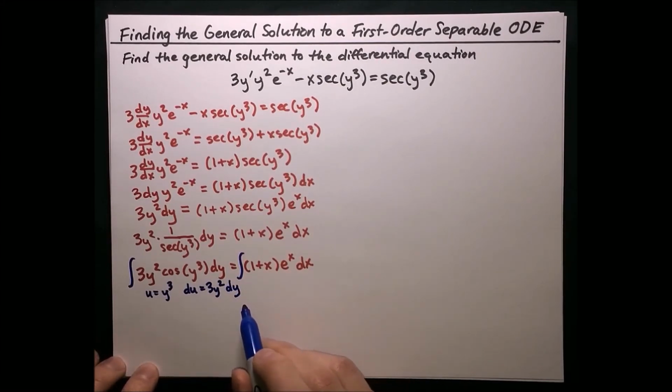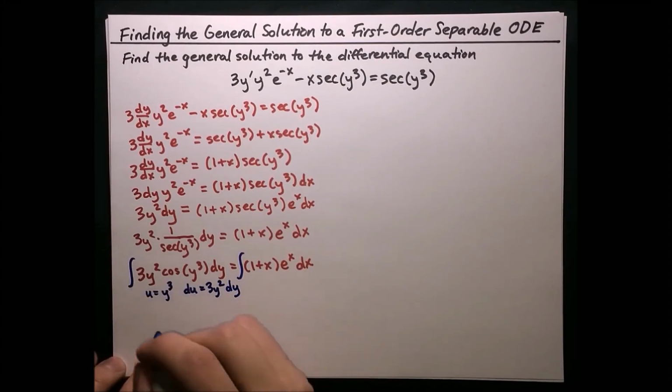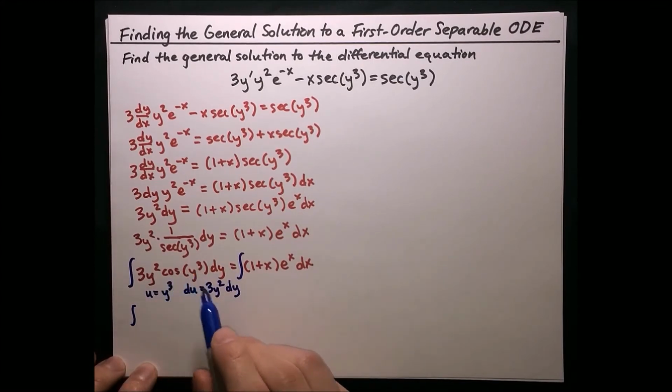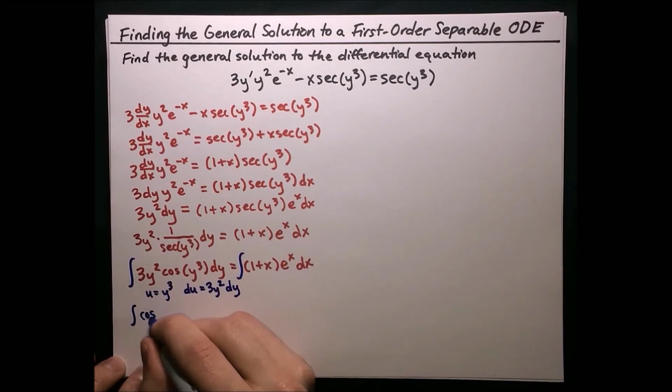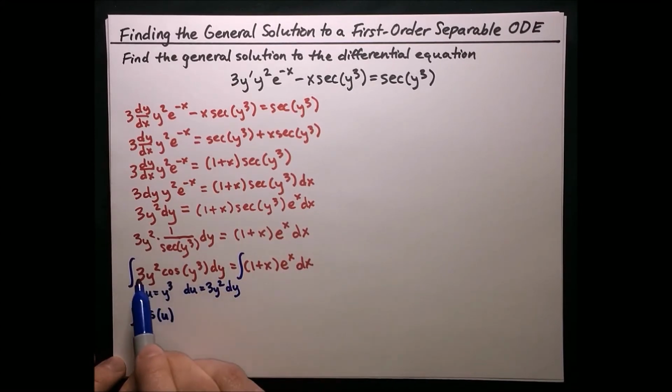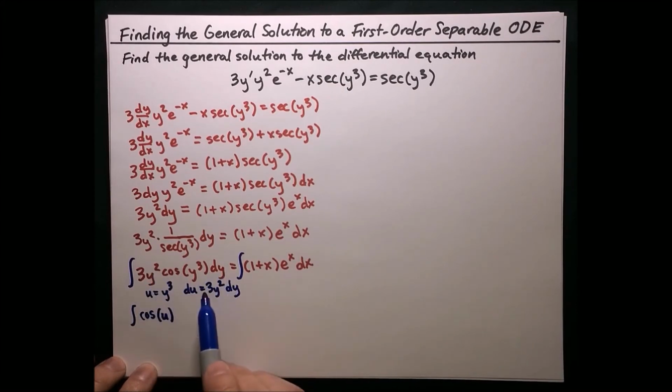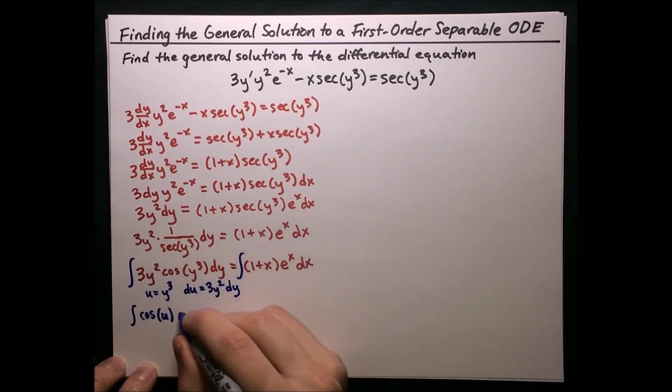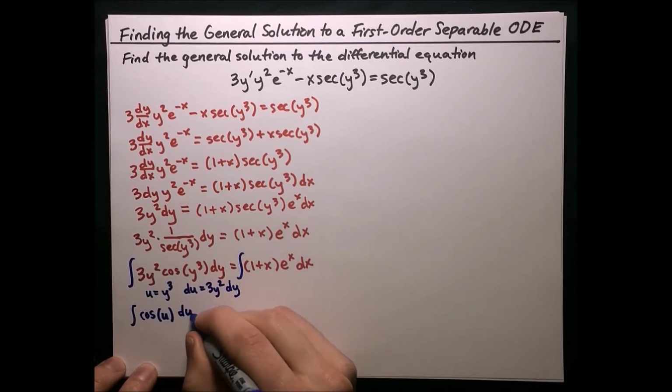And so now we can replace some terms in this integral. The cos y cubed becomes cos of u, and the 3y squared dy, well, that's just du. So this is just the integral of cos u du.